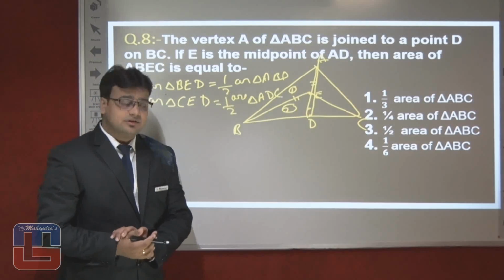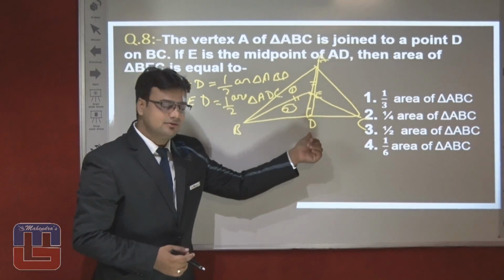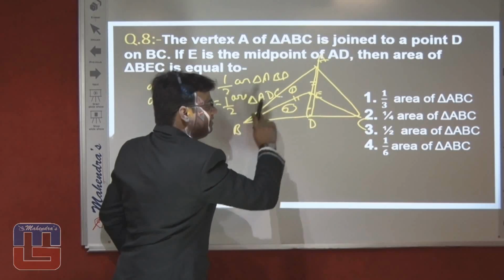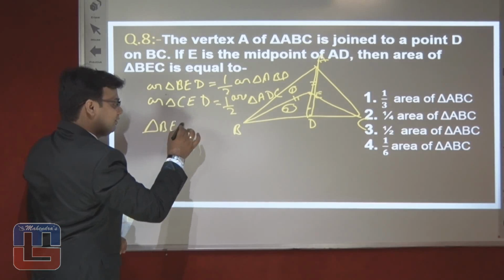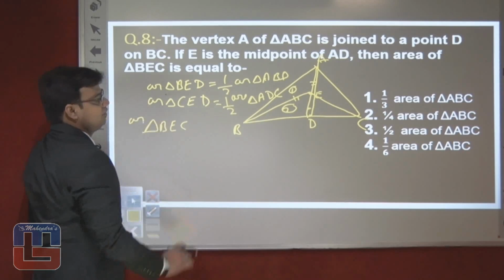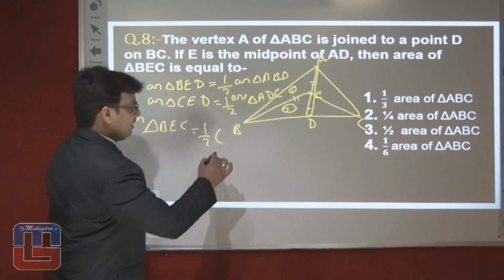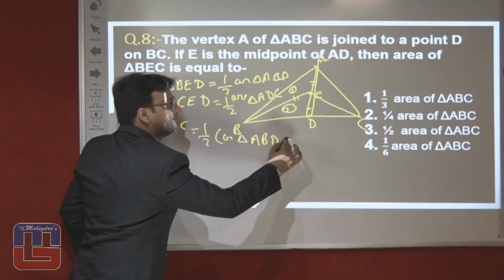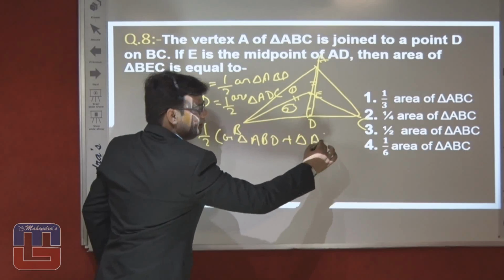Clear? If we add both equations, what will we get? Area of BED plus area of triangle CED makes triangle BEC. That is, area of triangle BEC is equal to, taking half common, half of area of triangle ABD plus area of triangle ADC.